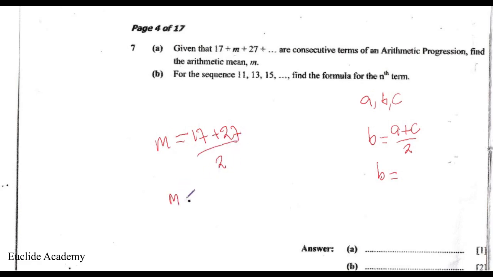Okay, so m is equal to what is 17 plus 27? 17 plus 27 gives us 34, right? 17 plus 7, that is 24, 34, 44, so we have 44.